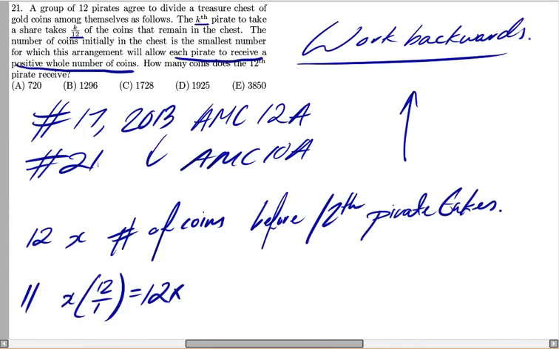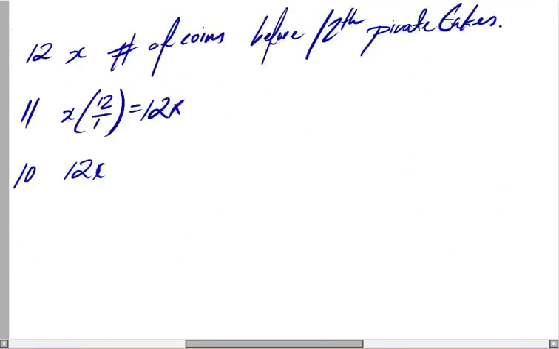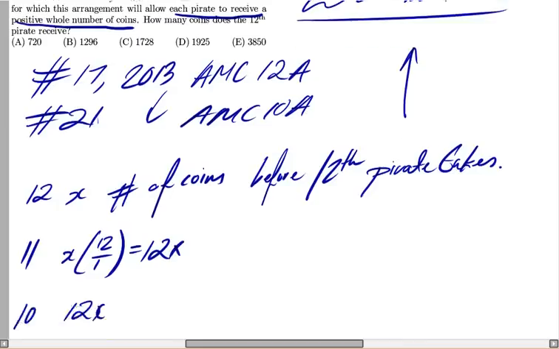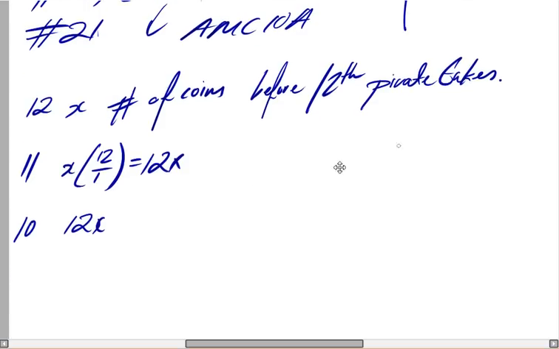Now similarly, the 10th pirate takes 10/12 of the share, yielding 2/12 for the 11th pirate to take. So if this is 2/12 of whatever the 10th pirate has to take from, we can multiply this by 12 over 2 to obtain the number that the 10th pirate takes from.